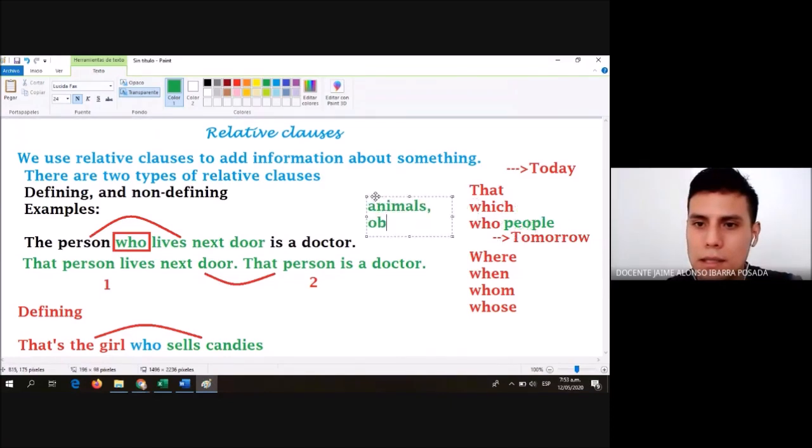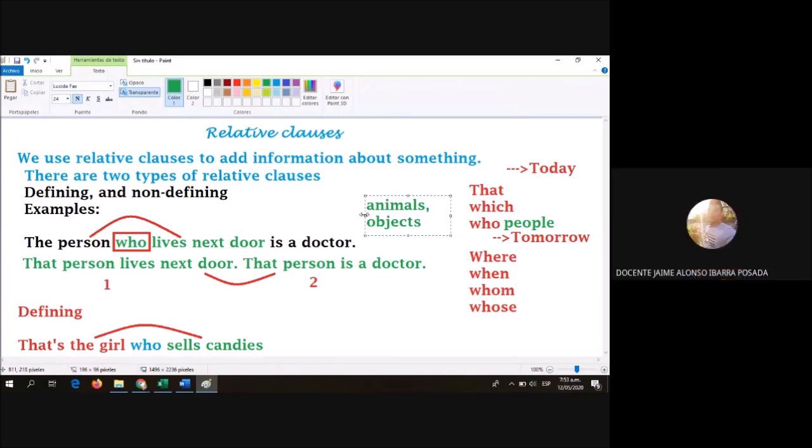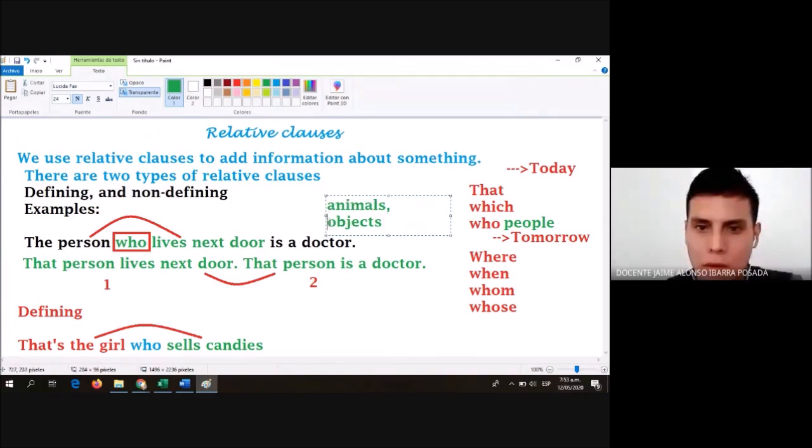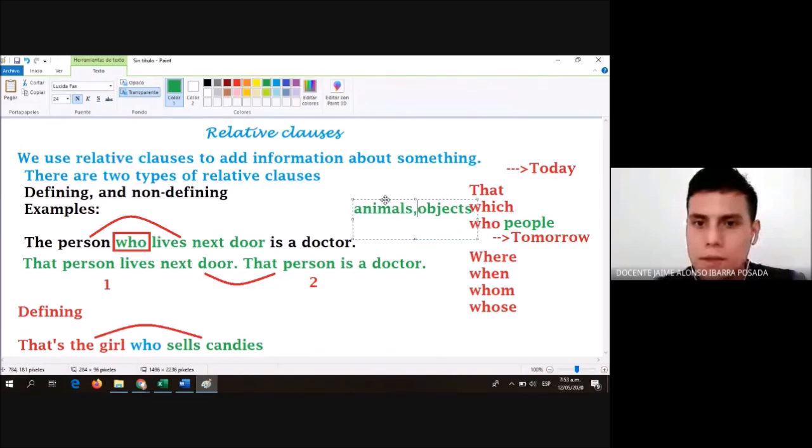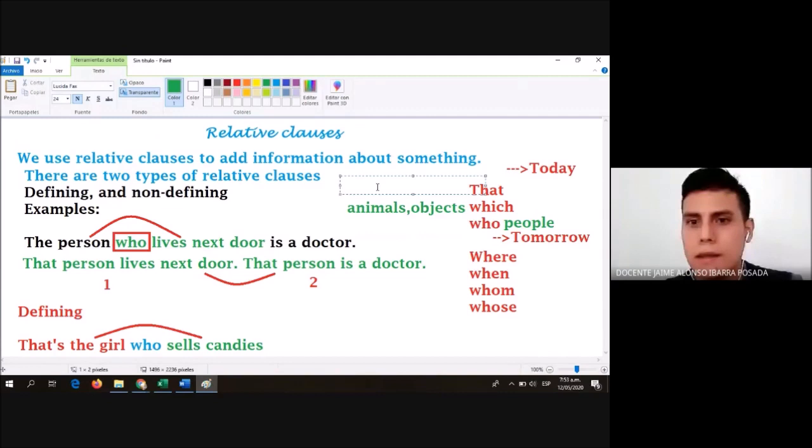Let's put it down here. Animals and objects. Okay, and this can be either objects or people.